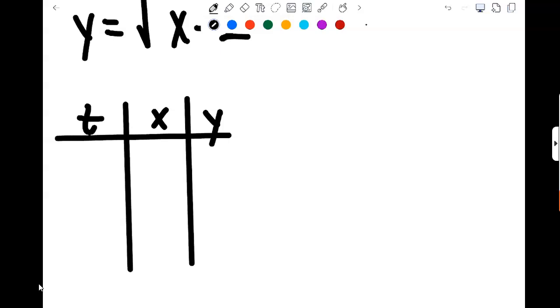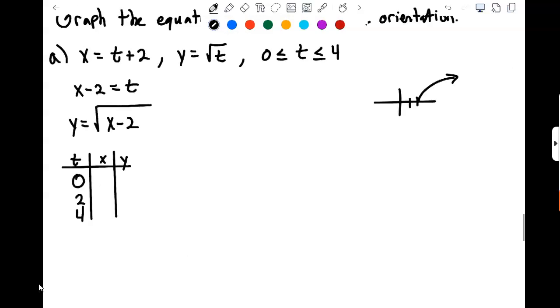But so we can really see what the direction of motion is, I usually like to also include something in the middle. So here I'm going from 0 to 4, so I might do t equals 0, t equals 2, t equals 4, just so I can get a feel for where the graph starts, where the graph ends, and what direction of motion I have.